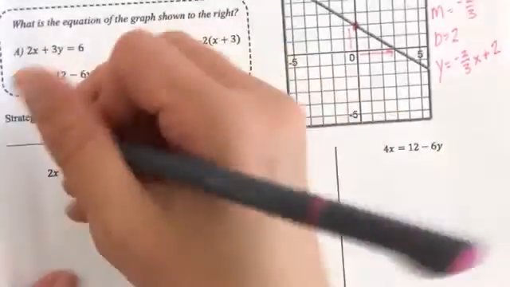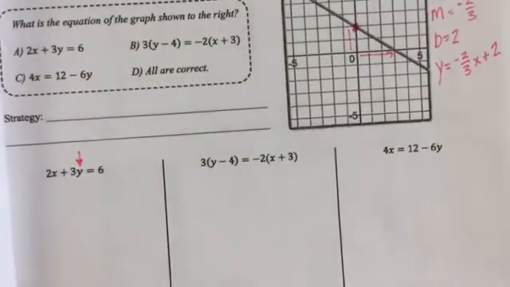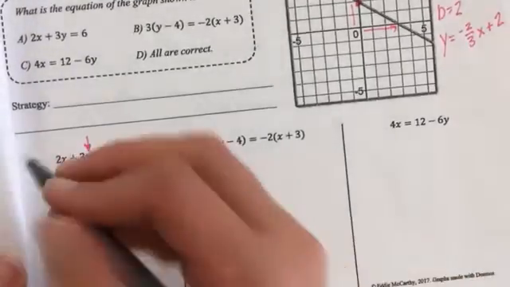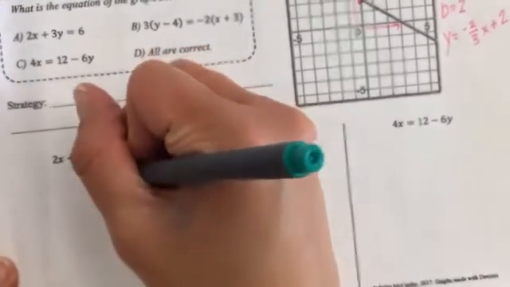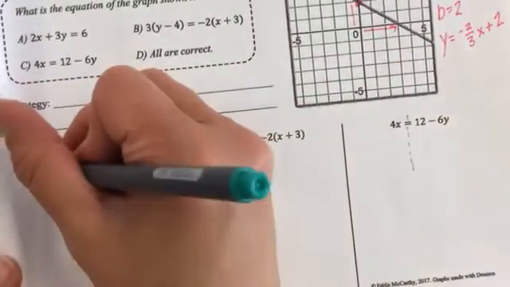Okay, so let's real quick just solve for y. So the first one, what would I do to get the y alone? Any ideas? Minus the 2x.